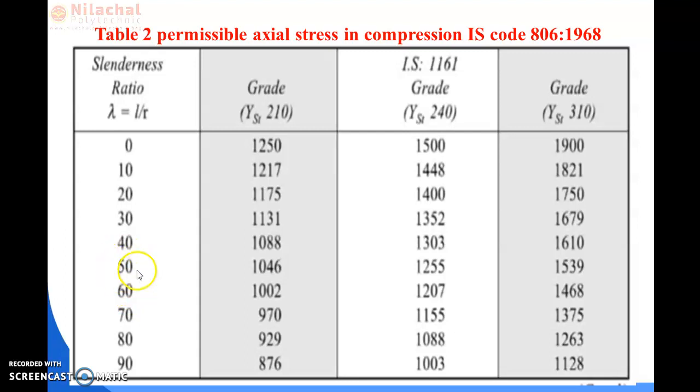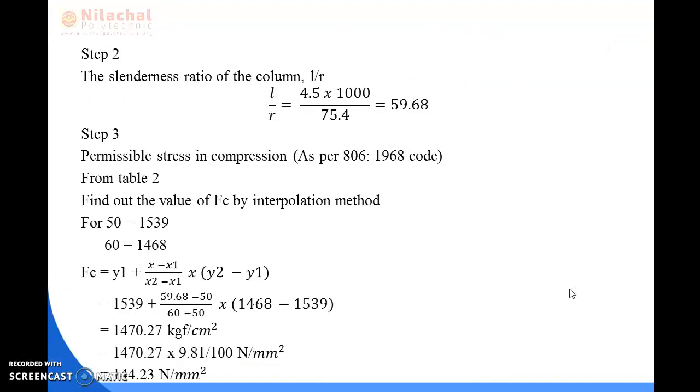For 50, the value of Fc is given as 1539, and for slenderness ratio 60, the value of Fc for this grade is given as 1468. So by the interpolation method, we can find out the Fc for the 59.68 value. Here we put for 50, 1539, and for 60, 1468, which is already given in table number 2.